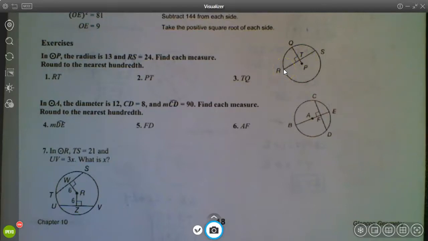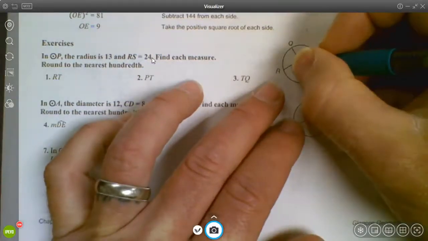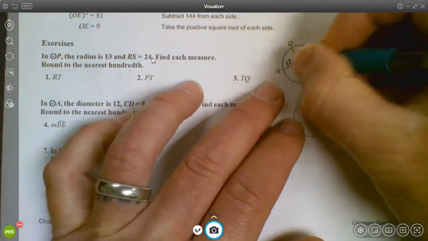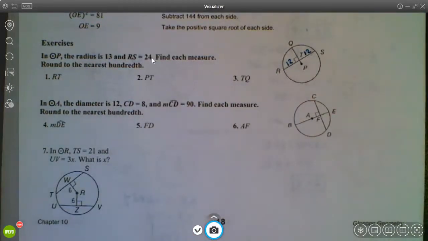So remember, what does that do to the chord? It bisects it, right? It cuts the chord in half, which means that RT has to be congruent to ST, right? It was bisected, it was cut in half, so if the whole thing is 24, that means each part is half of that, because it was bisected. So those guys are both 12.